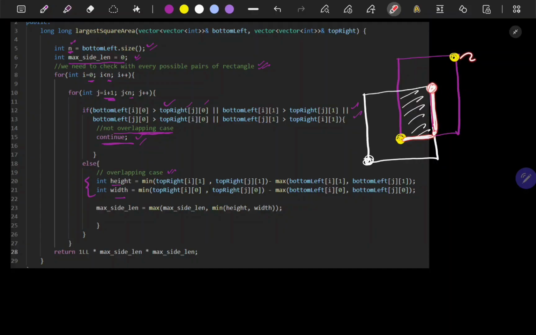For the height, we will first take the minimum of the y coordinates of these two corners. Let's say x, y here, and x and y here. So we'll take the minimum of these two y's. In this case we are taking the minimum of the top right, meaning the top corners, first the y coordinate.